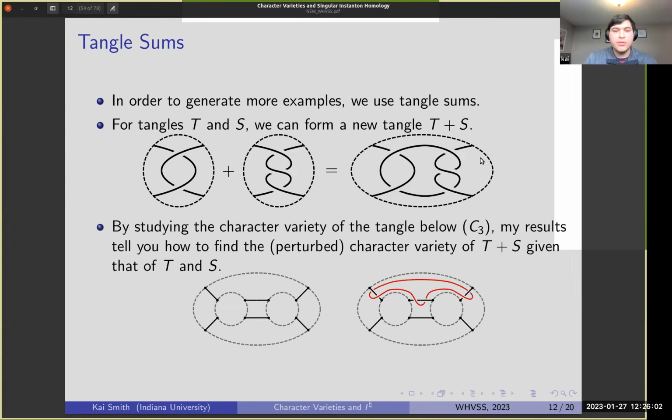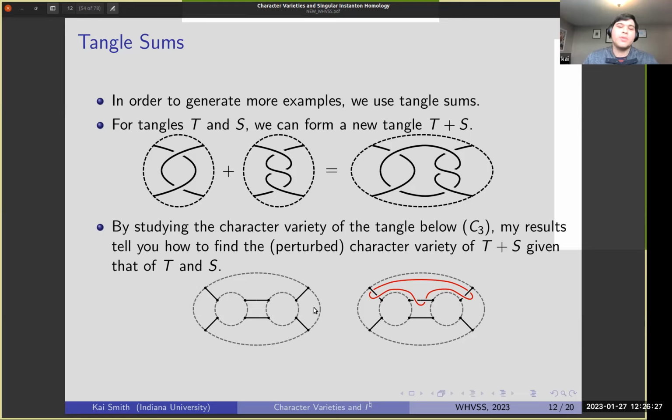And so to do that, I studied this tangle, which I called C3 down here. Hopefully you can see if I plugged in this tangle into this spot and this tangle into this spot, the result would be this tangle sum. So this tangle captures the information of this tangle sum operation.